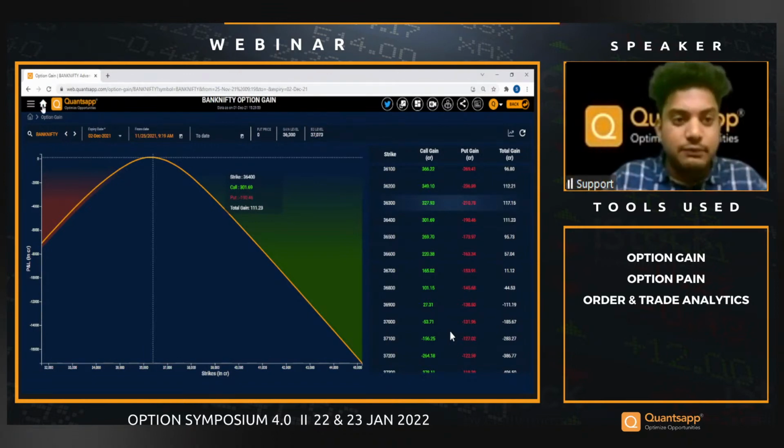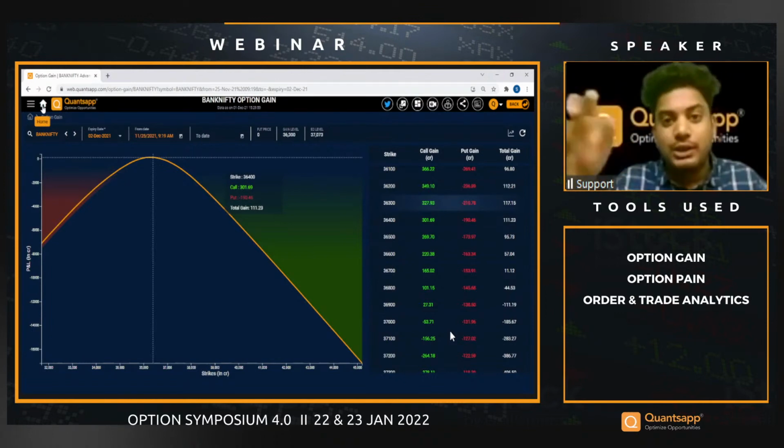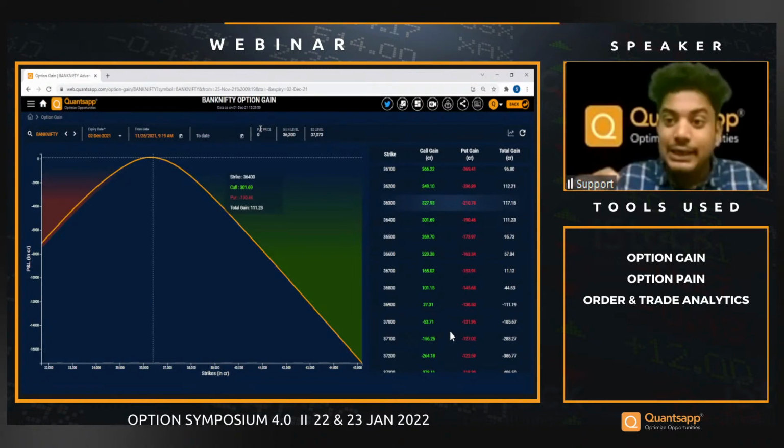So what did we achieve up till now? We achieved the first, the option band. We saw that there was a 1,000 points movement expected in Bank Nifty as per participants, but a lot of short covering was happening on call options, an indication of the resistance getting broken or weakened, and the support getting stronger. Then the second thing we learned about was option pain and gain. They are one and the same thing, but in gain, the only difference is we can observe how the gain level or pain level has shifted.